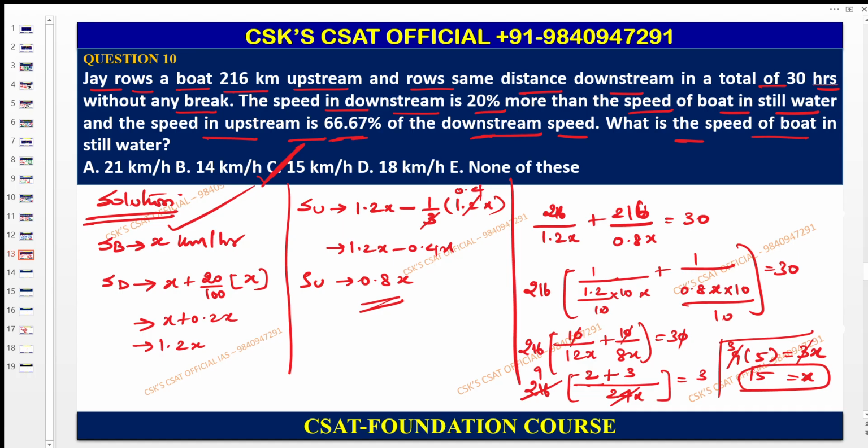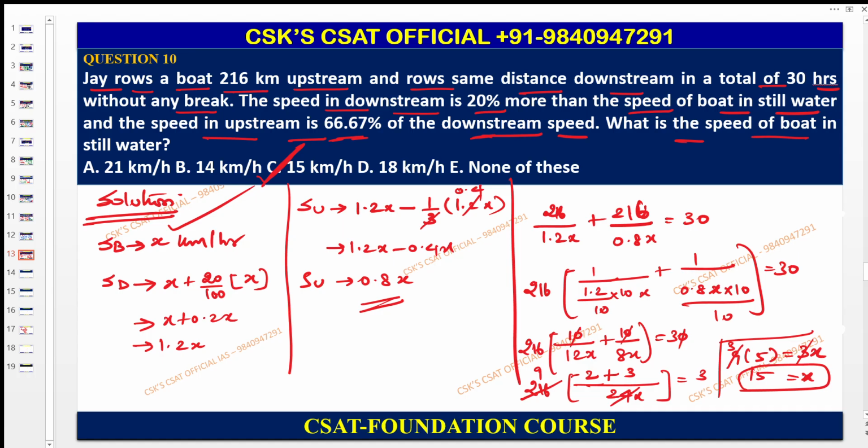The downstream is 1.2x. Since 100% is the downstream and you are taking only 66.67, how much is the reduction? 33.33, which is nothing but 1 by 3. So 1 by 3 of 1.2x is 0.4x. 1.2x minus 0.4x becomes 0.8x. So this is the upstream speed.